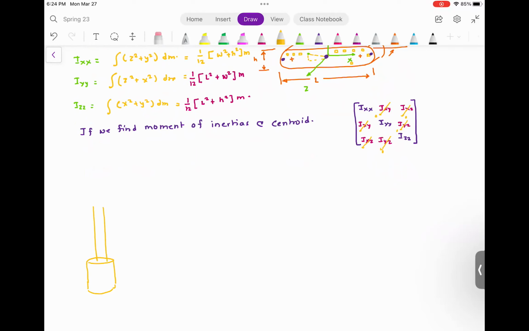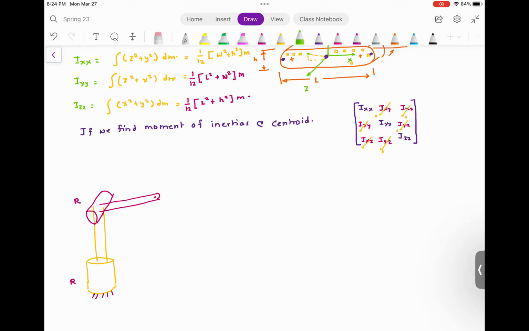Please understand, this rod is not massless. And here we have another revolute joint, and this revolute joint is attached to another rod. So this is revolute joint 1, this is revolute joint 2, and this is the end effector.